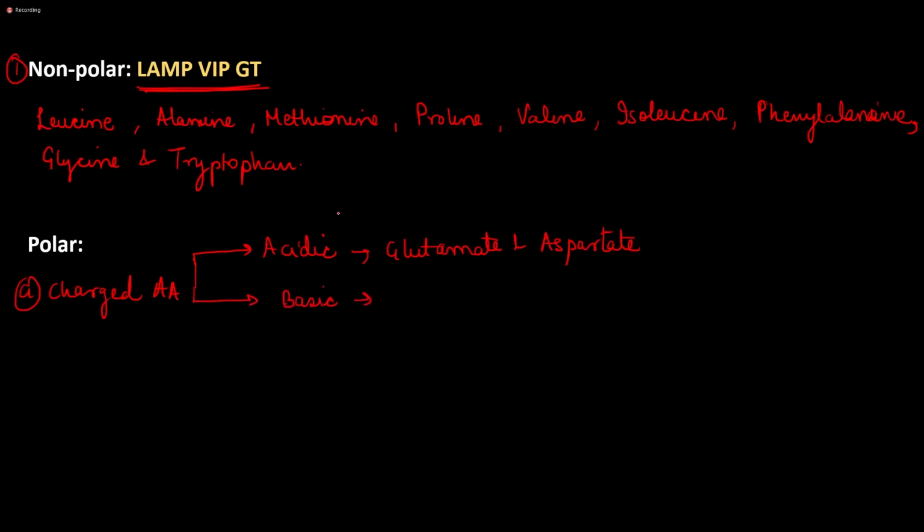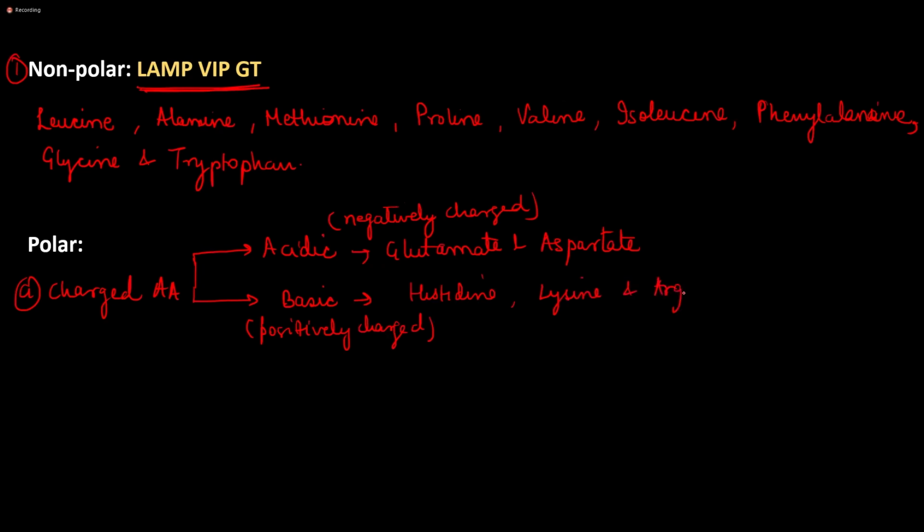Acidic means negatively charged, and basic means positively charged. In the basic, we had histidine, lysine, and arginine, right? So these are charged amino acids.